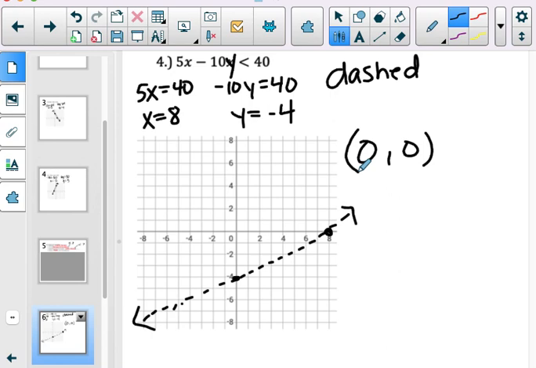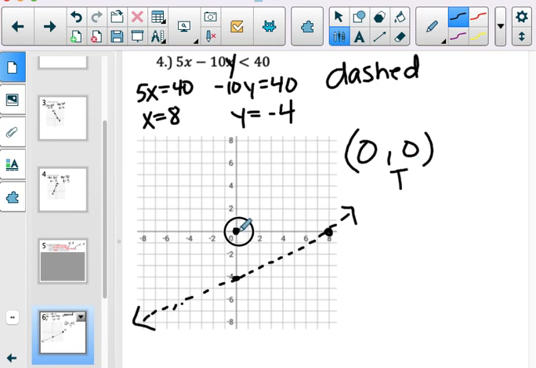So 5 times 0 minus 10 times 0 is 0. When we test 0, 0, this whole entire side, 5x minus 10y, turns into 0. Now ask yourself, is 0 smaller than 40? It is. So 0, 0 is true.